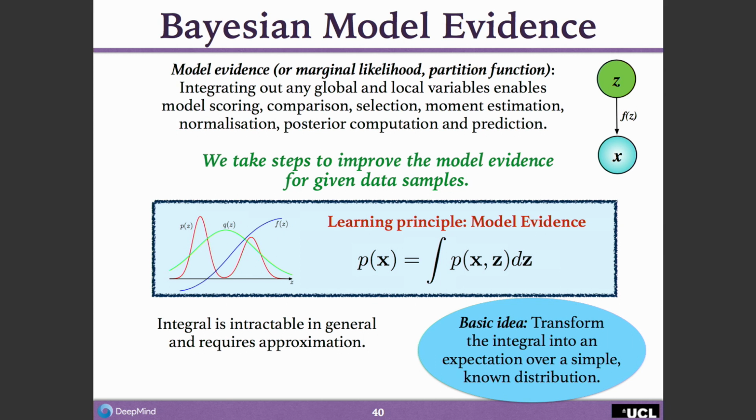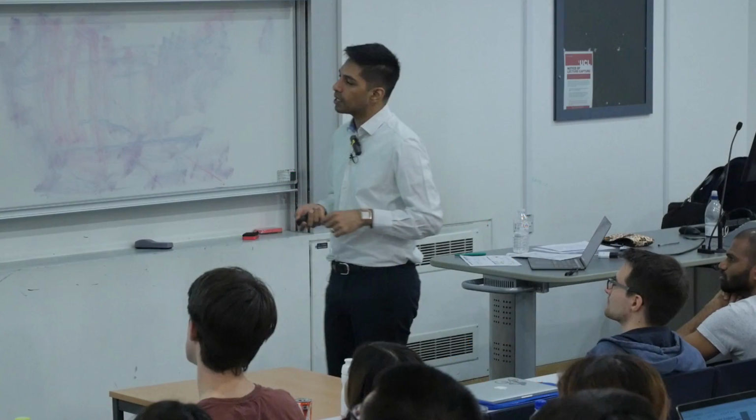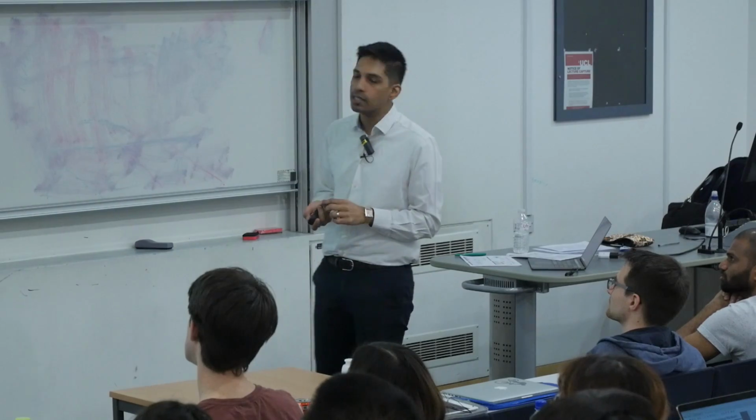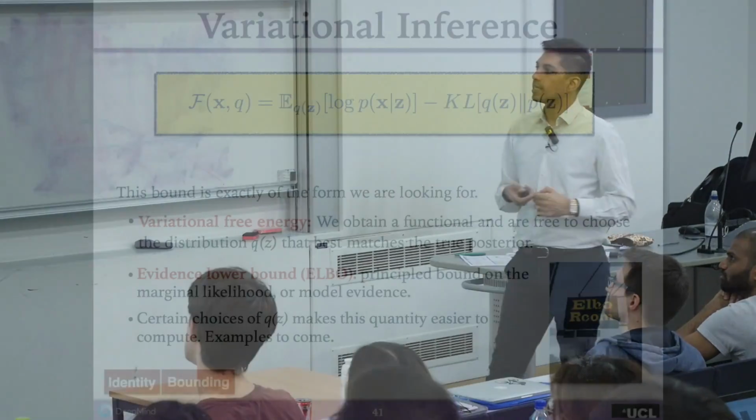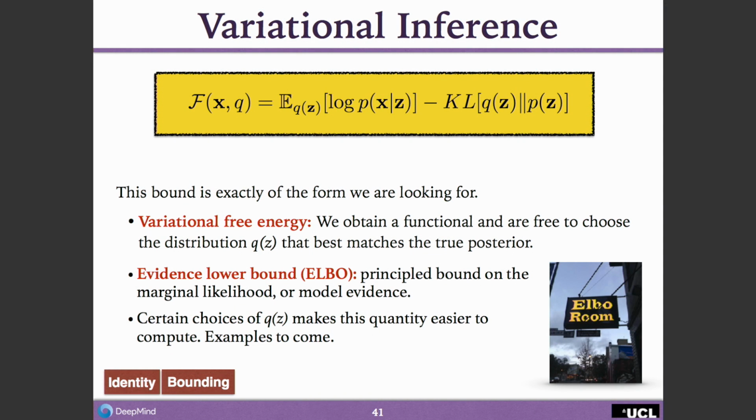And once we can choose that distribution, then we can be more flexible. Right, so we've seen that before. We use the identity trick and Jensen's inequality to derive this lower bound on the marginal likelihood. And as I said, this bound is called the variational free energy, and is the basis of what we will call variational inference, which is one of the most popular methods for doing inference in latent variable models.